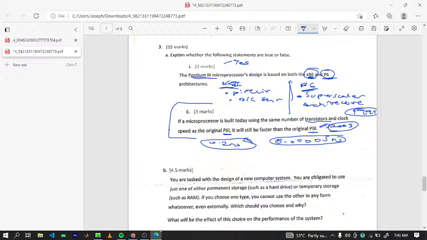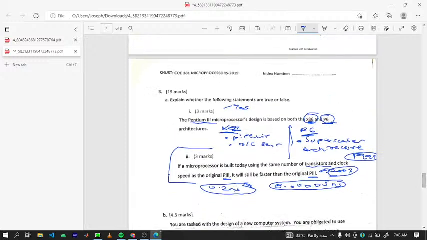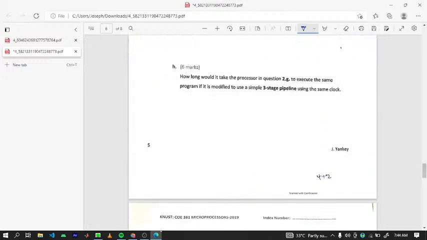So transistors will be faster, but since your clock speed is the same, it will hamper the performance of your system. The thinking is like this, right? If, for example, you have a fetch, decode, execute, store cycle, and the clock takes 10 seconds for fetch, 10 seconds for decode, 10 seconds for execute, 10 seconds for store.